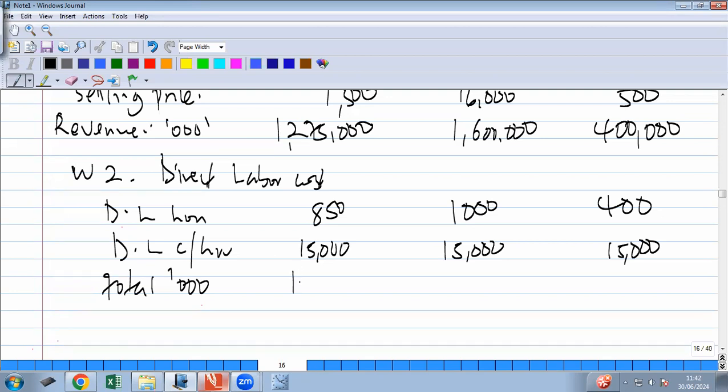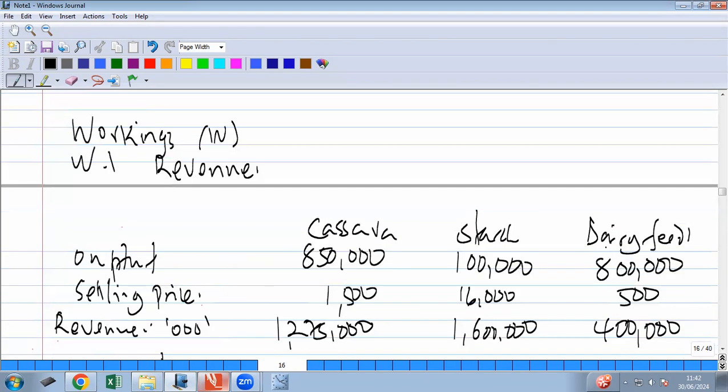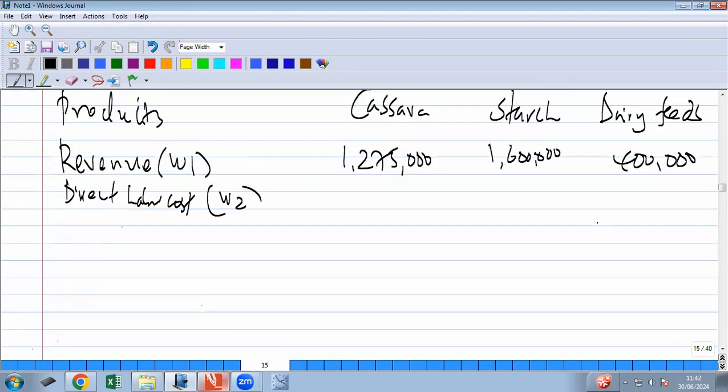This 750, right? 15,000. 6,000. Like this. So we transfer this to our template.